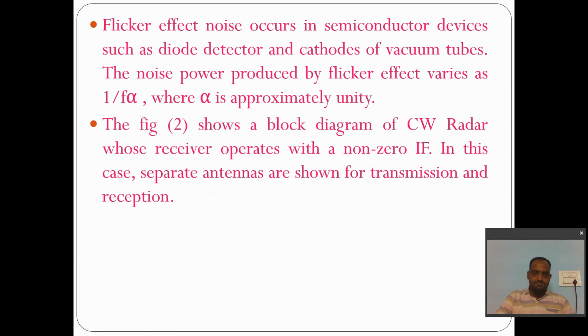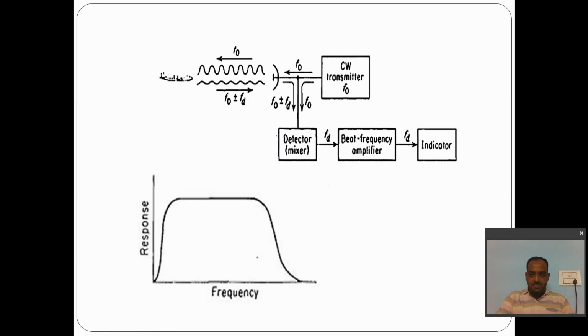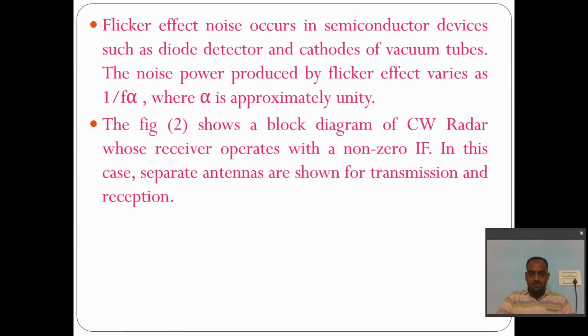Moving forward, the Doppler shift is normally of very low magnitude. When a circuit operates at low frequencies, there is a noise called flicker noise, whose noise power varies as 1 by f to the power alpha, where alpha is approximately equal to 1.